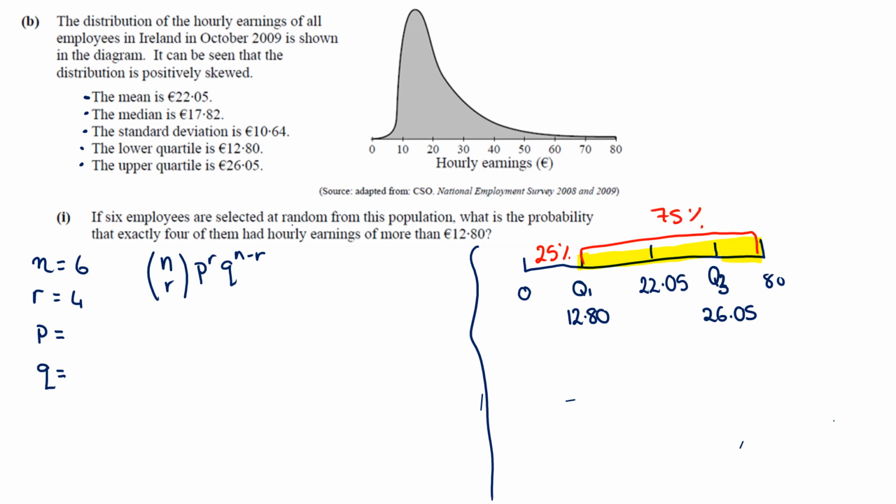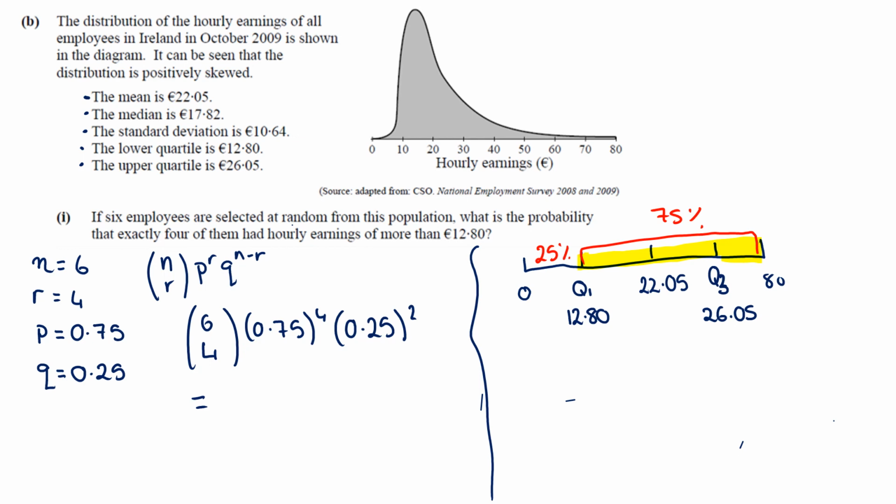So we're going to say that p is 0.75, q is 0.25, and then we do 6 choose 4. p is 0.75 to the power of 4 times 0.25 to the power of 2. And that works out as 2966625.